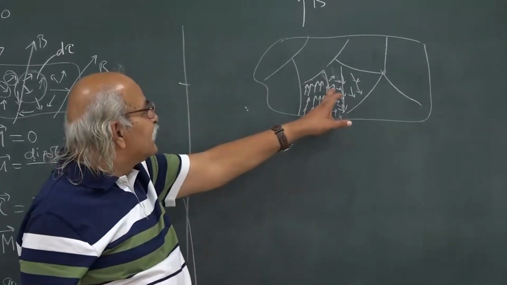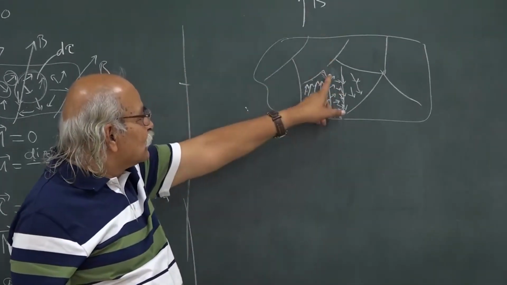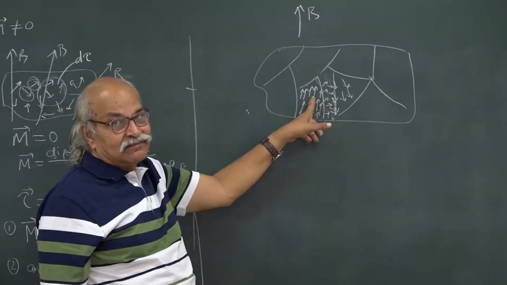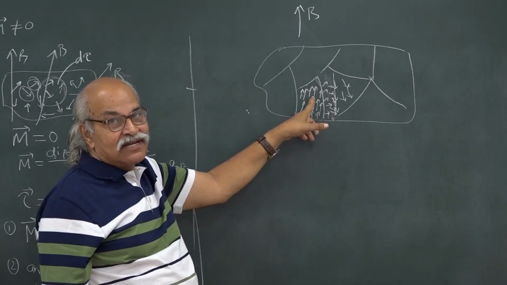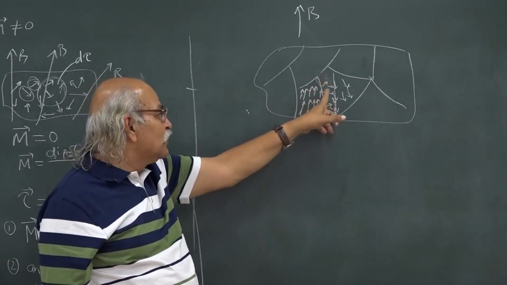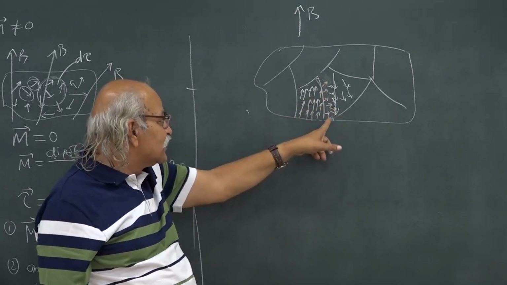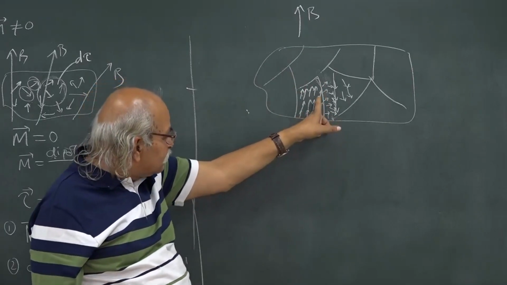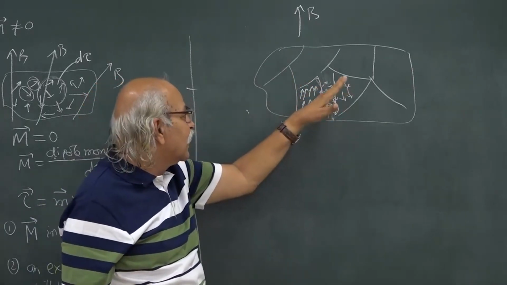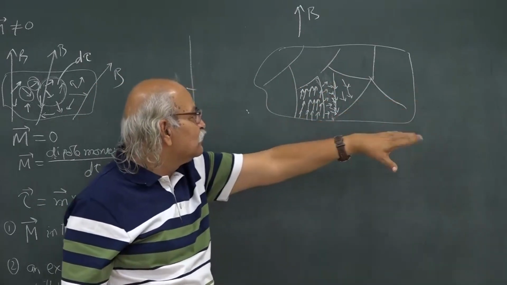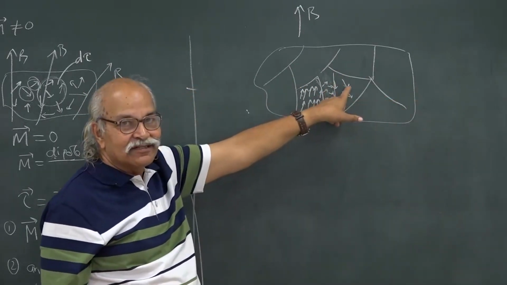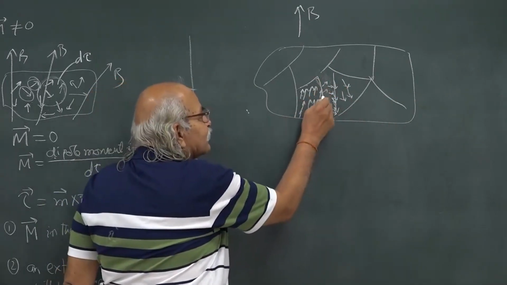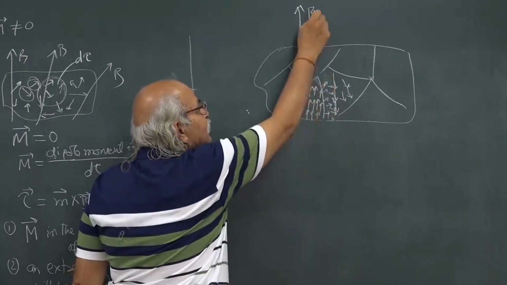These are oriented by the field, and therefore what was in the domain wall will become part of the domain. The ones slightly shifted, then slightly more shifted, finally come to this direction. The one adjacent to this, slightly this way, will be immediately aligned with this.